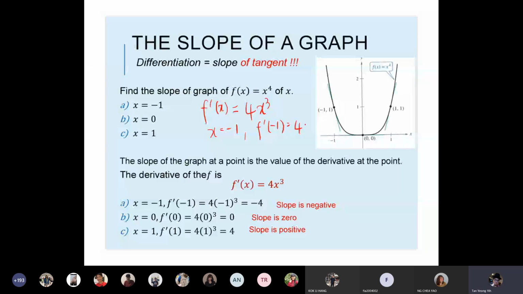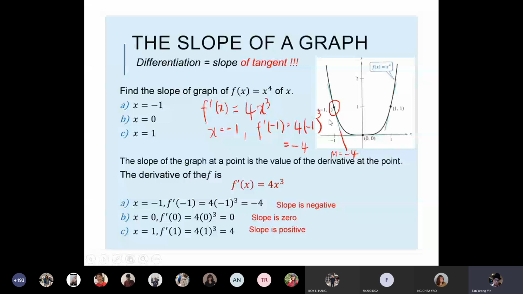We have 4 times -1 to the power of 3, so we get -4. It means that at this point, when x is -1, for this tangent line, the slope is -4.